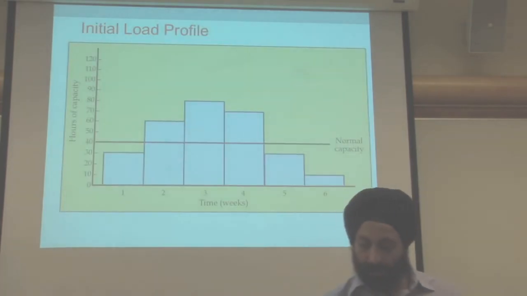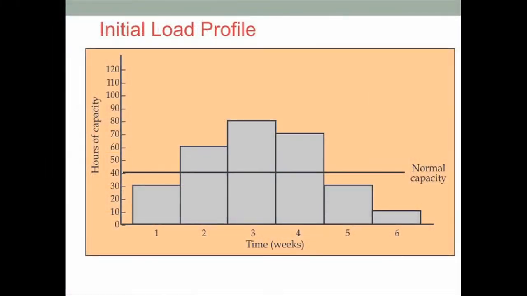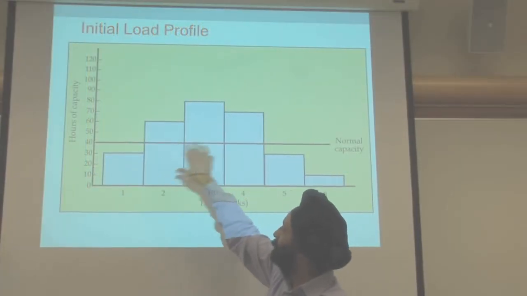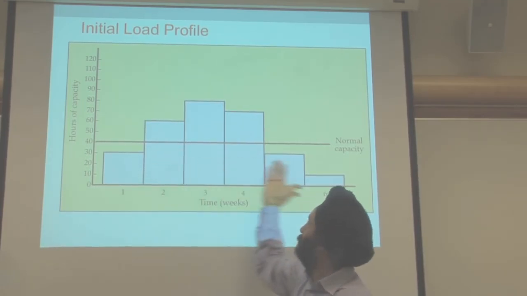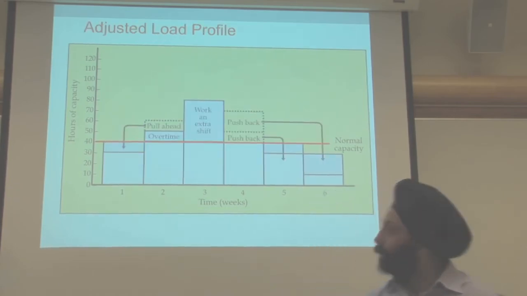So in that case, you can see the initial load profile under normal capacity at 40 hours of capacity. You're looking at time per week, certain days of the week when you are overloaded, and certain days of the week when you are underloaded. In this case, what we are doing is adjusting the load profile.